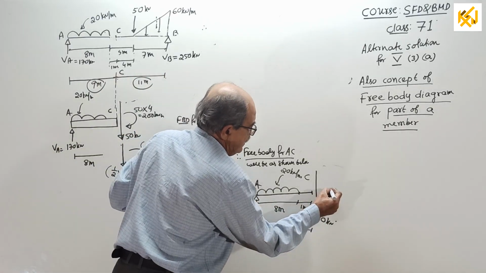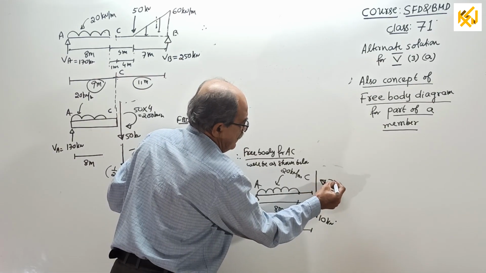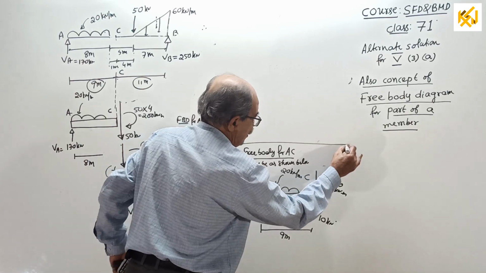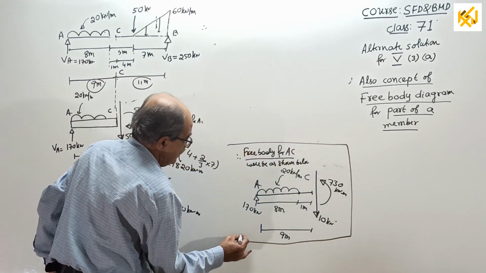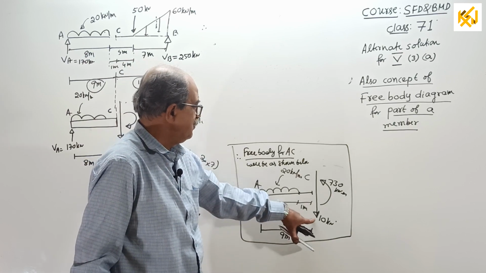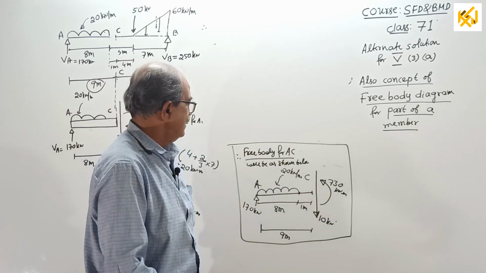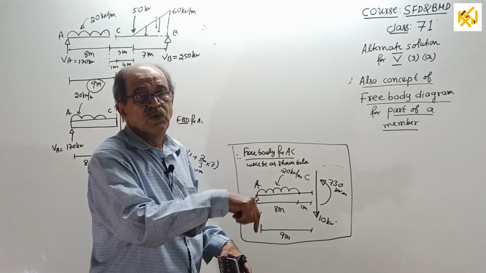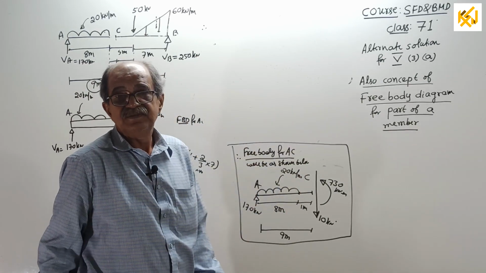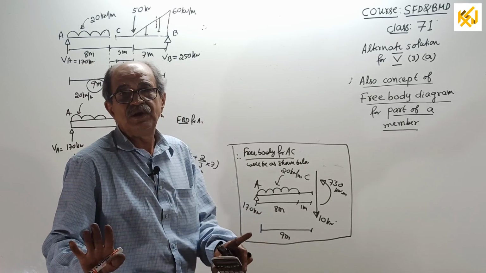See, anti-clockwise of 730 kilonewton meter. This is the free body for AC. That's all. Remember, for your information, this is the shearing force, that is the bending moment. The shear force is right down, it will be positive, and BM will be sagging, 730 sagging BM. Anyway, that all later, not now.